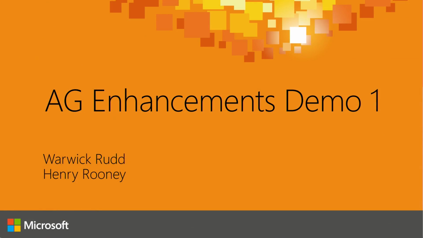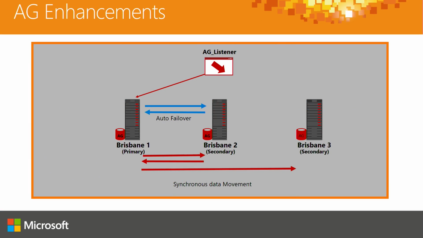Okay. So with the enhancements that we've been talking about, and with Henry taking us through the no domain setup, one of the things that you will want to consider if you are using the no domain setup, because you can't have a listener with your connection strings, just like in database mirroring, you'll want to put in your failover partner parameter into your connection string.